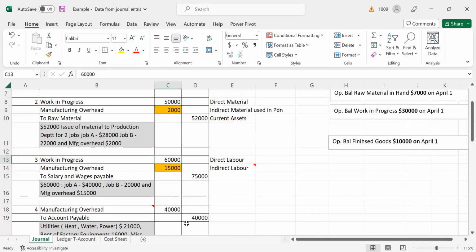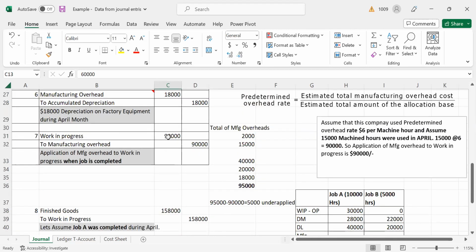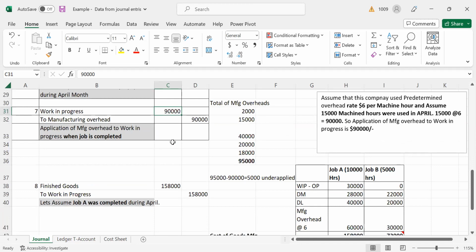So we calculated here applied manufacturing overhead 90,000, right? So 90,000 we have calculated.